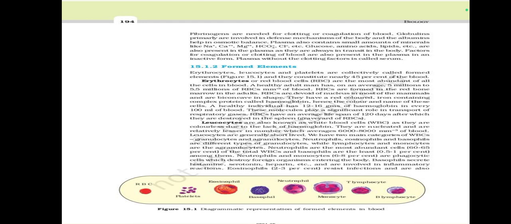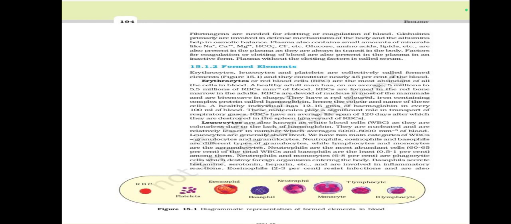RBCs are formed in the red bone marrow. In the adults, RBCs are devoid of nucleus in most of the mammals and are biconcave in shape. They have a red colored iron containing complex protein called hemoglobin. Hence the color and the name of these cells.